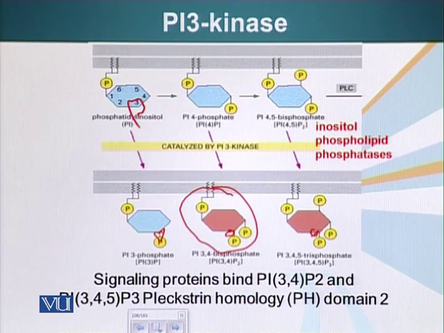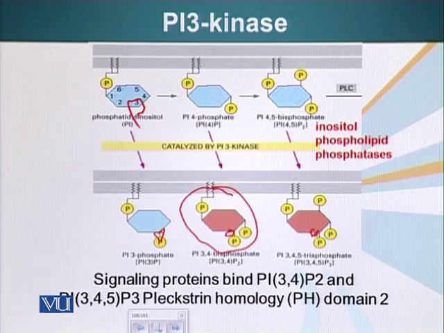We will look at an example of that. The proteins that bind the structure, phosphatidylinositol triphosphate, have a specific domain, a sequence of amino acid residues inside the protein, which is called pleckstrin homology or PH domain.